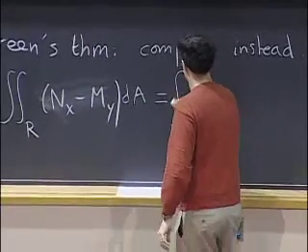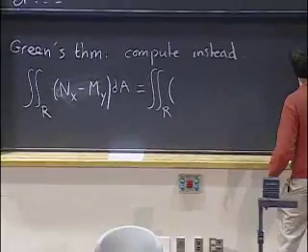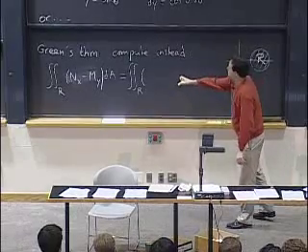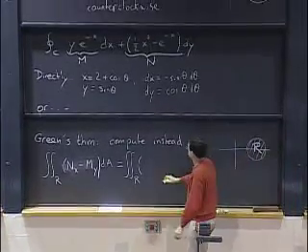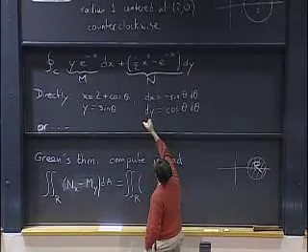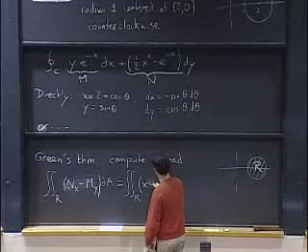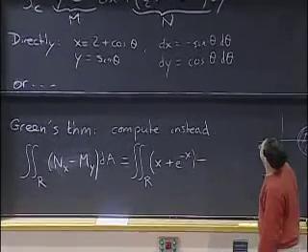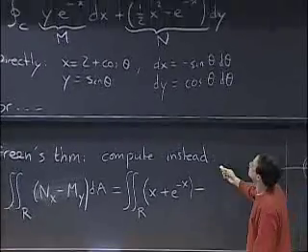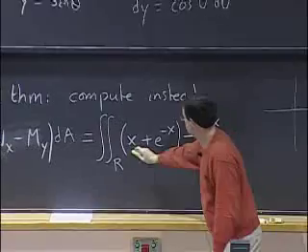Okay, so this is R. So what is n_x? Well, n_x is x plus e to the minus x, minus what is m_y? It's e to the minus x. Okay?